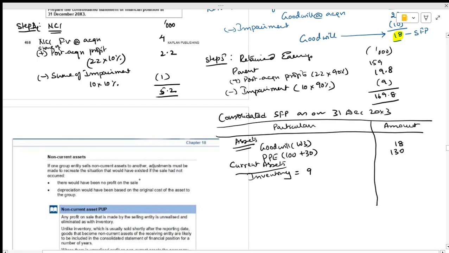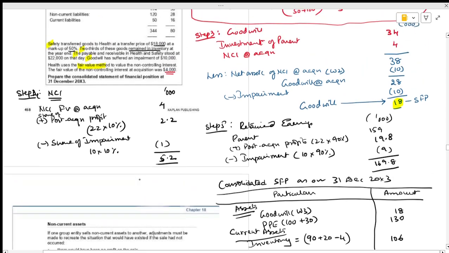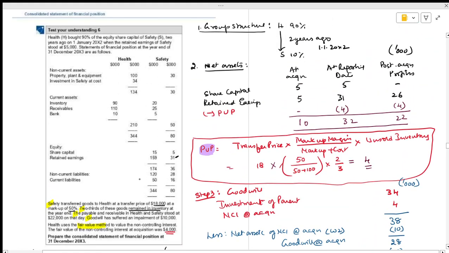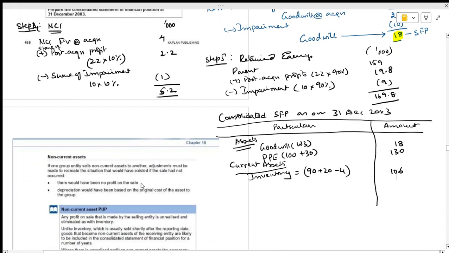You will minus the 4. 90 plus 20 minus 4 is 106. Receivables also, 110 plus 25.